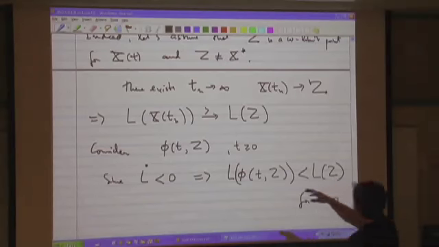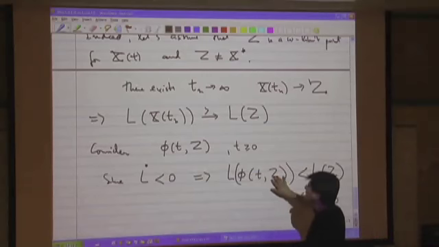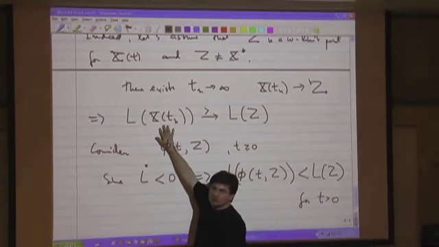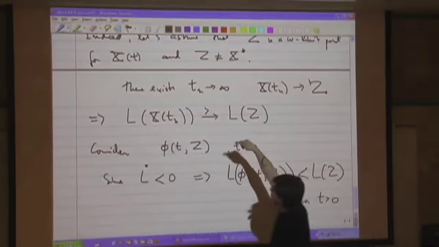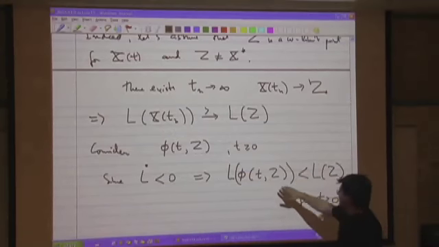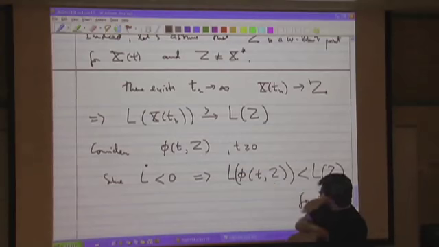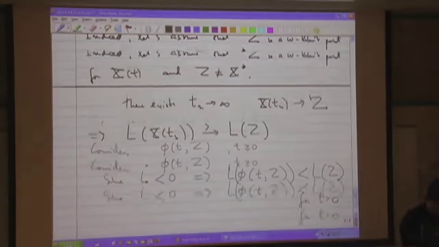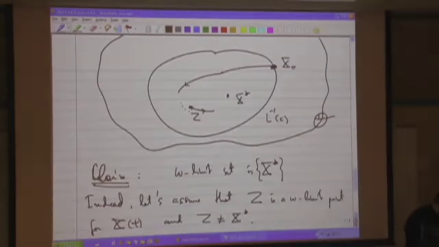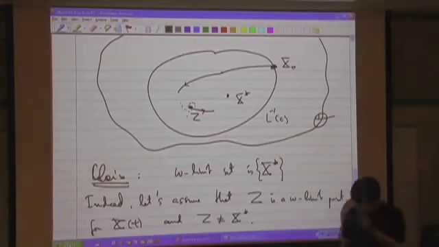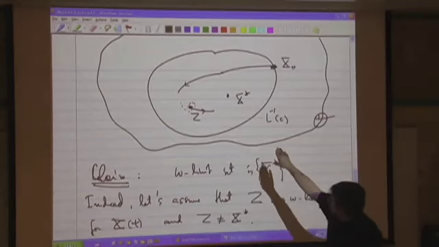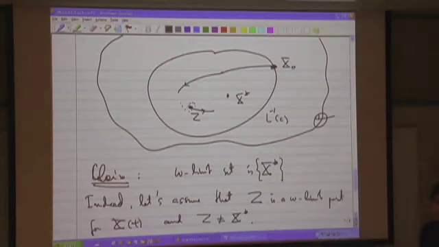Except this solution curve may actually avoid all of these points. This is just a discrete set of points going towards z. All these discrete points will be greater than, and then that trajectory is strictly less than the value.